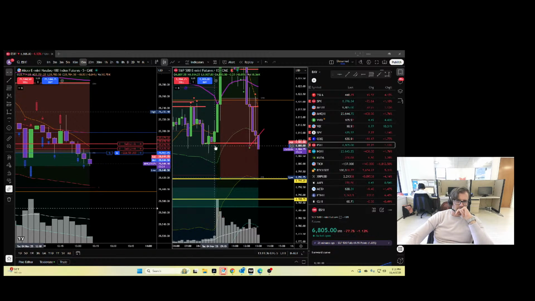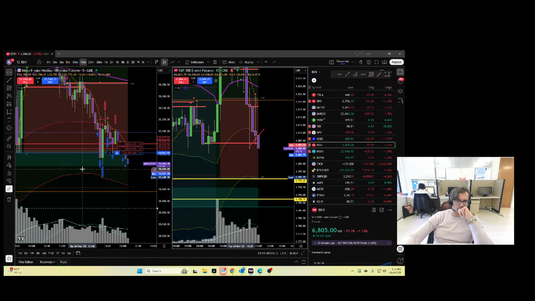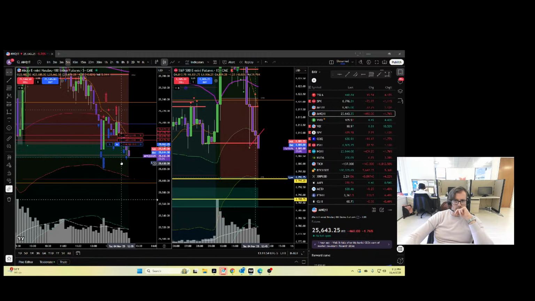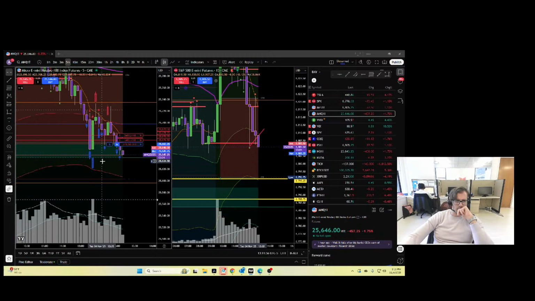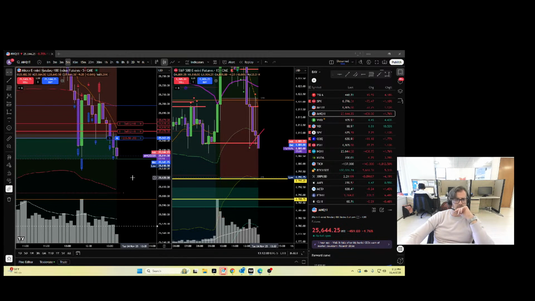It's going lower. That's odd. That's lower now, but pivot is holding on NQ.